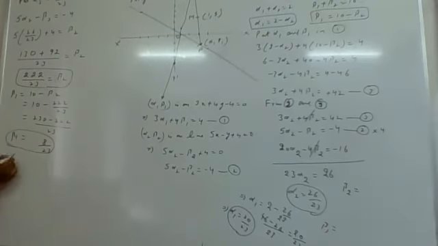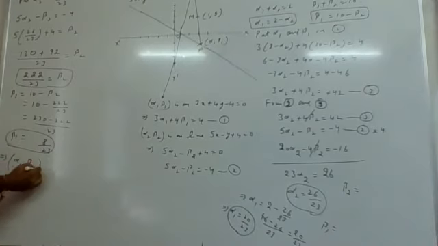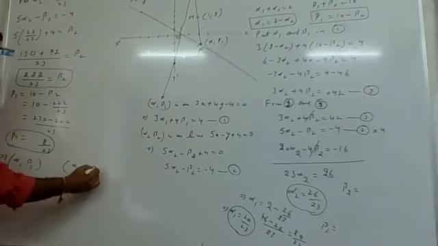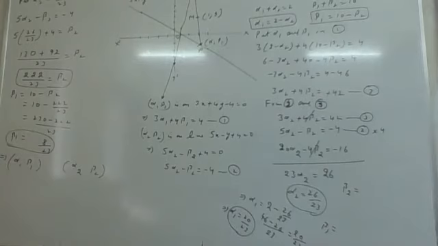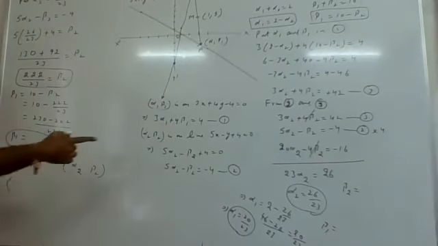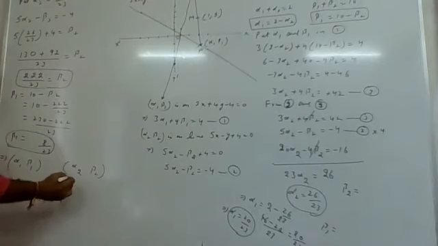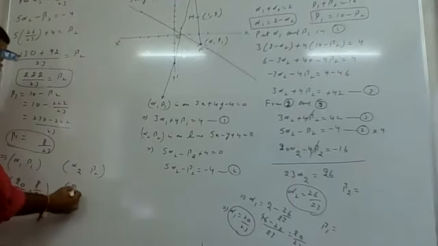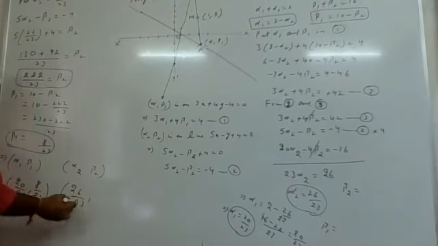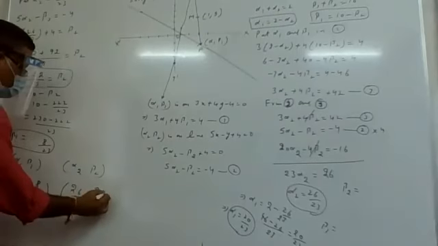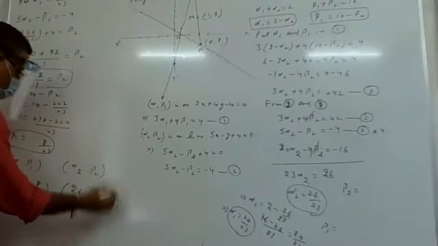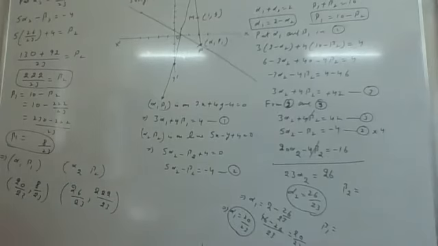So my points are alpha 1, beta 1 and alpha 2, beta 2. My alpha 1 is 20 over 23. Beta 1 is 8 over 23. My alpha 2 is 26 over 23, and my beta 2 is the same as before.